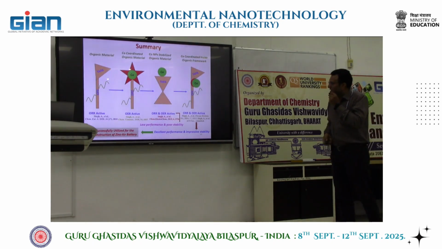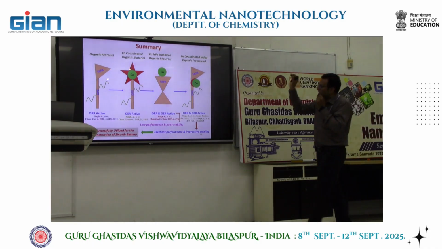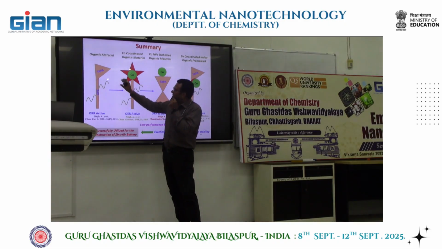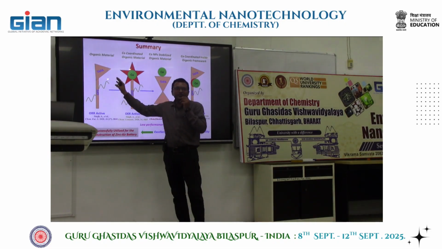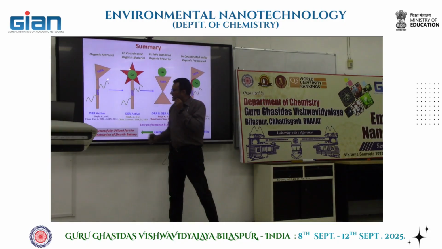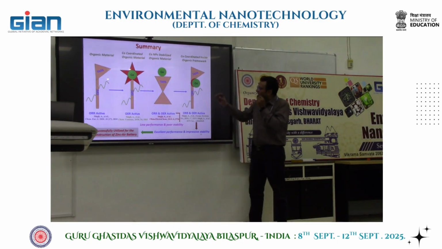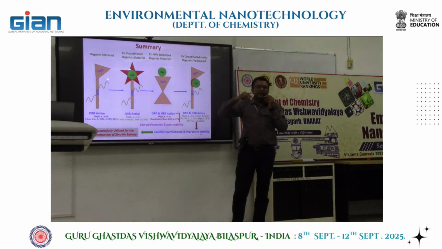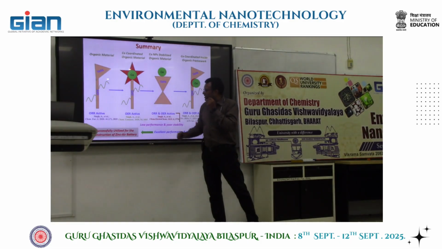So, summary: I started here to show you a material having redox activity connected with triphenylamine, that was only ORR active. Then we have cobalt integrated in the material, which was showing only OER.